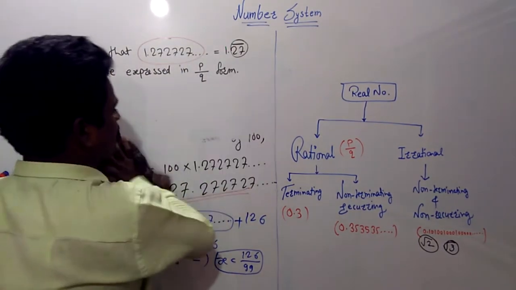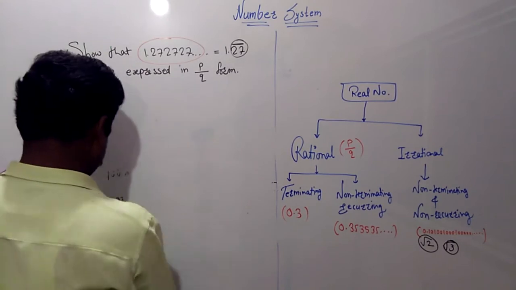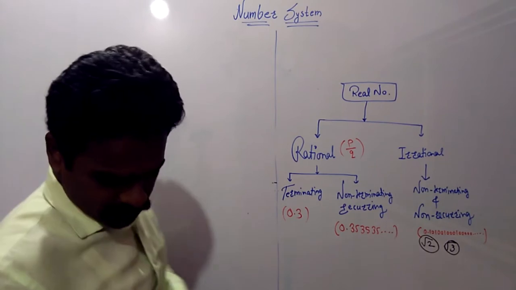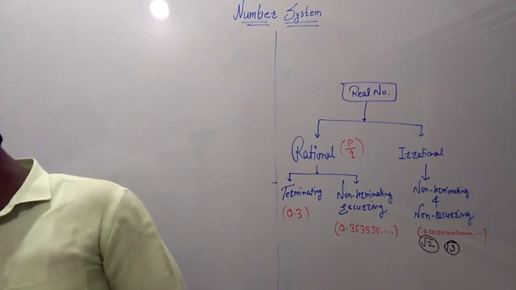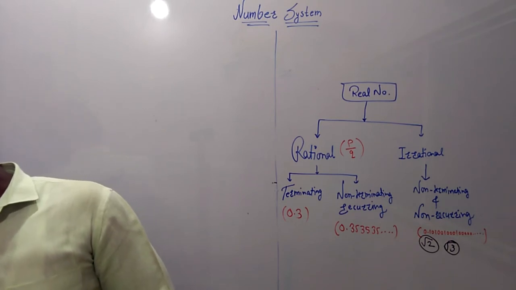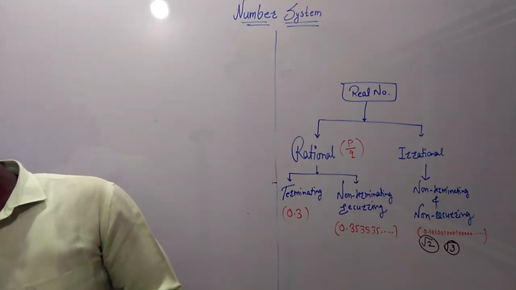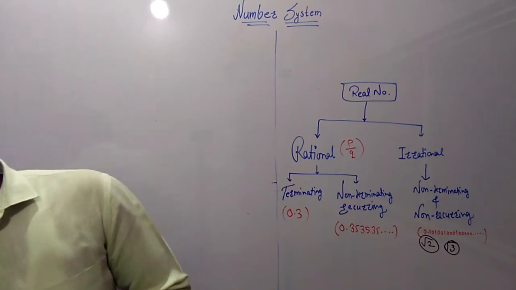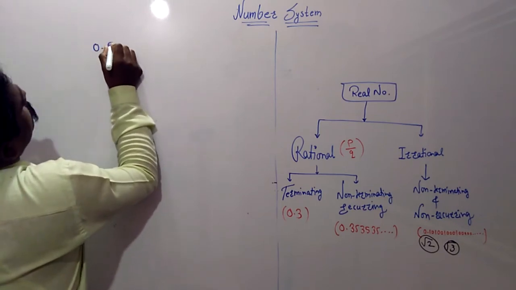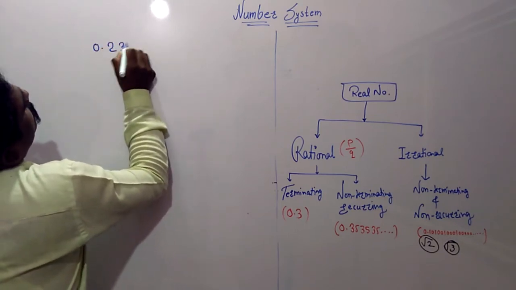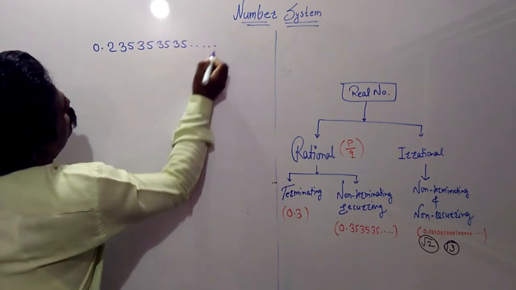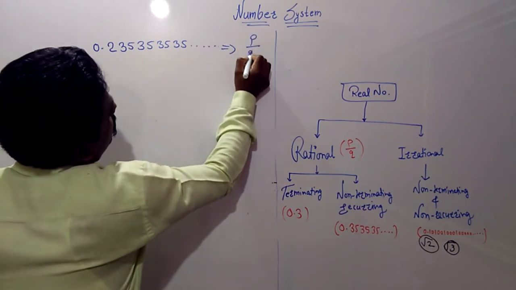So the next example is like this. See, the next example which we are going to take here is: show that 0.23 53 53, 0.2 35 35 35 35 and so on in P by Q form.